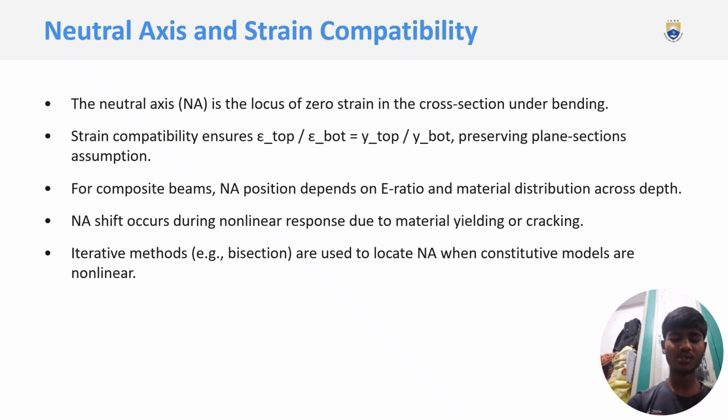For composite beams, the NA position depends on the modular ratio and material distribution across depth. NA shifts occur during nonlinear response due to material yielding or cracking. Iterative methods, for example bisection, are used to locate the NA. For composite beams, constitutive models are nonlinear.